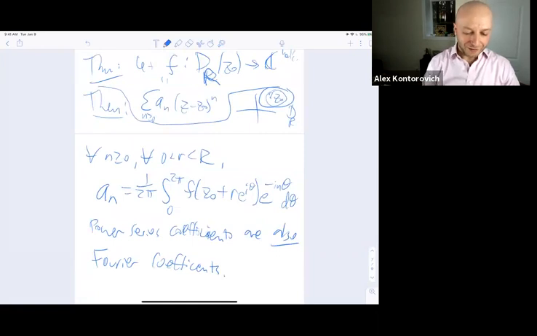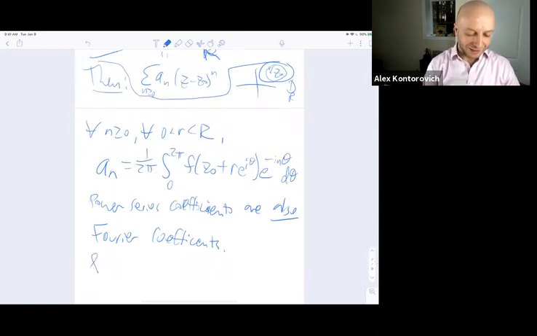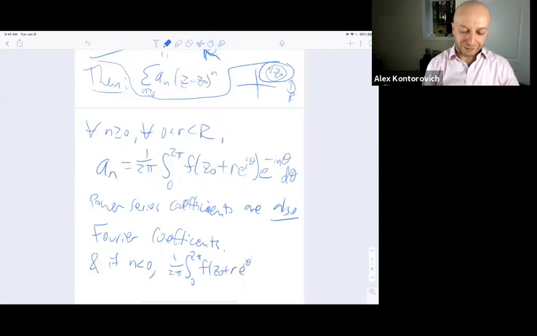And here's a crazy thing. It's not so crazy. If n is less than 0, then if I take this Fourier coefficient, 1 over 2 pi times the integral of f of z0 plus r e to the I theta, e to the minus I n theta, d theta, exactly the same formula, but now n is negative. Instead of spinning in a positive direction, n is spinning in a negative direction.